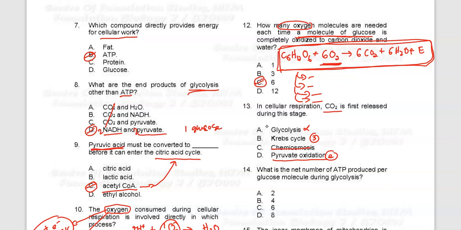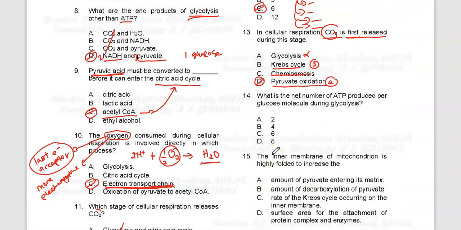The question asks which releases it first, and because the Krebs cycle is the stage after pyruvate oxidation, the answer would be pyruvate oxidation, which is D.